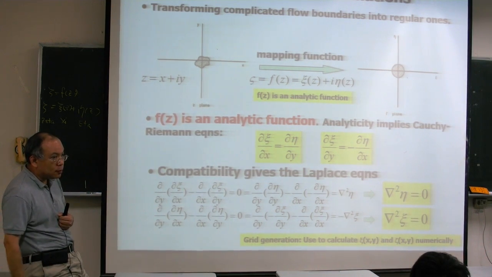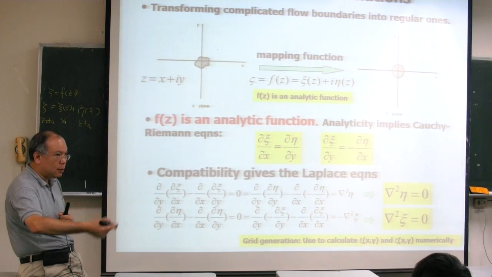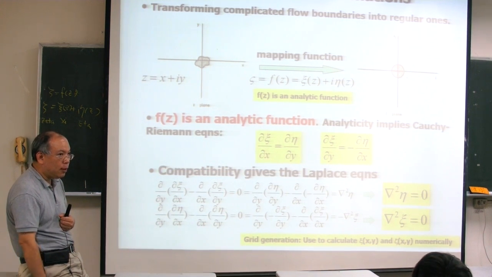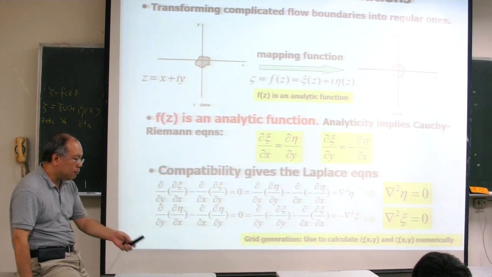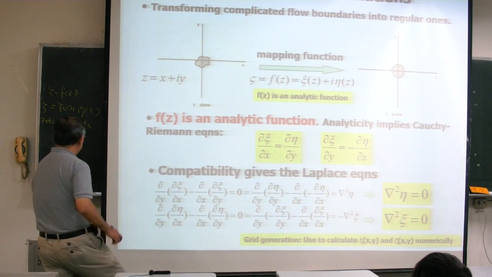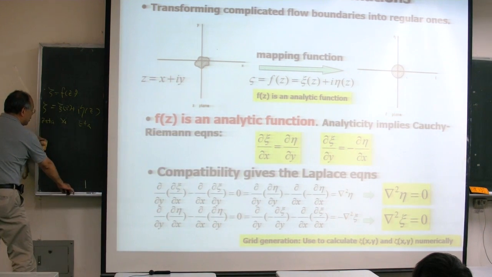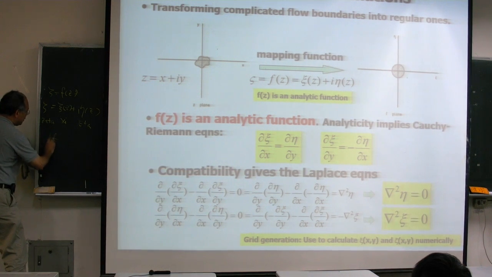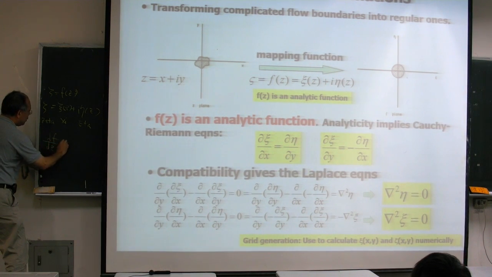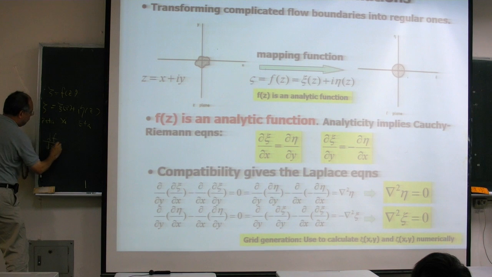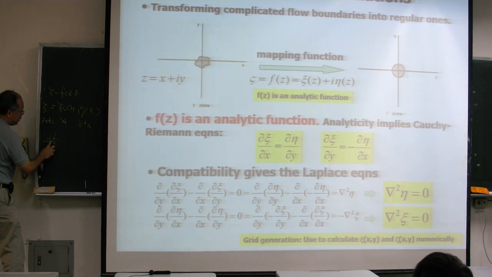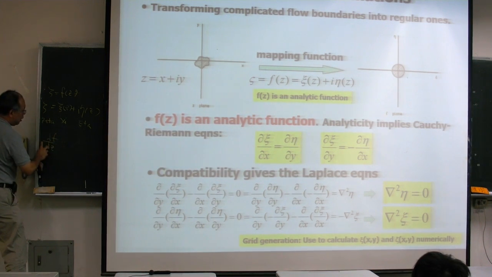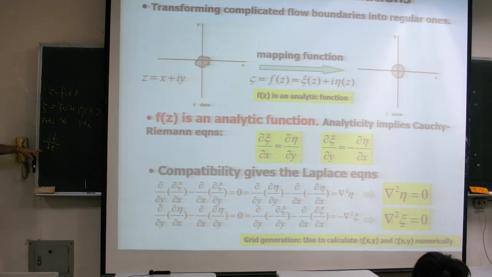So an analytical function means it is differentiable, 就是它可以微分的. df/dz can be defined; we can find df/dz. If this is an analytical function, df/dz can be defined.